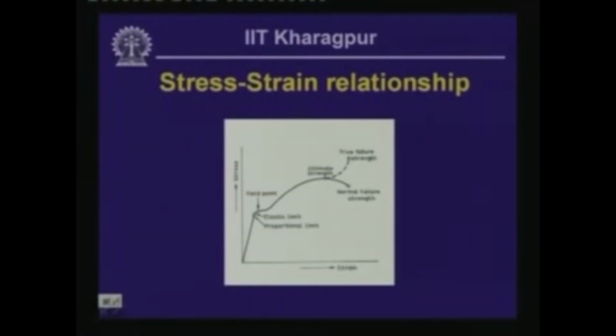If we calculate the stress based on this reduced area, we get P divided by the actual cross-sectional area, which is higher than the nominal stress, and that stress we call true stress. So P divided by the original cross-sectional area is the nominal stress, and P divided by the actual cross-sectional area gives us the true stress.